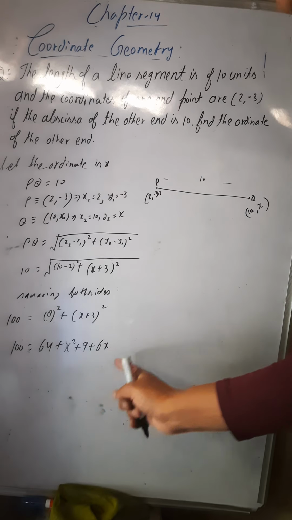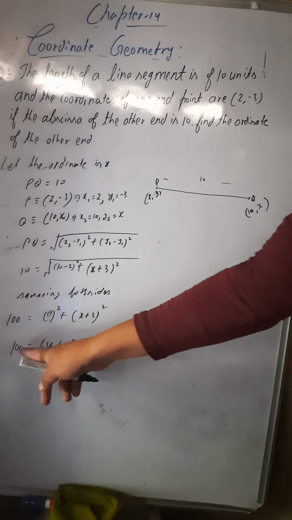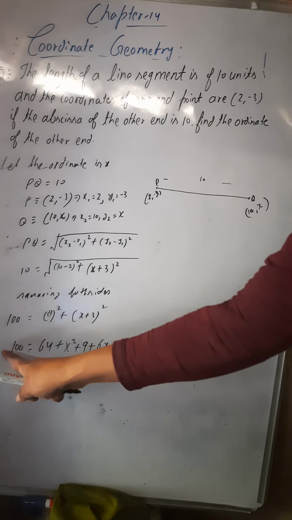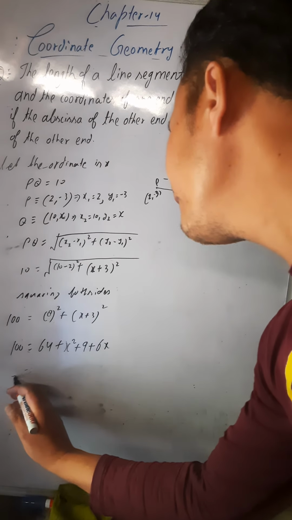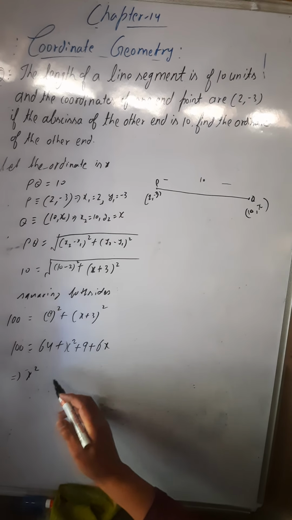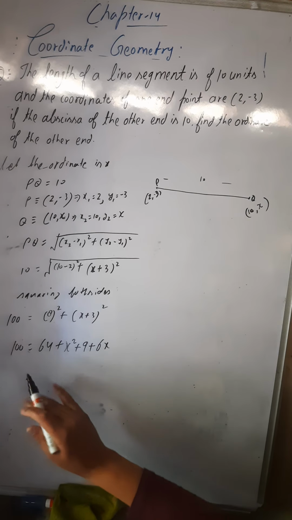Now this complete expression you have to move. Or you do one thing, this 100 you bring back here. This 100 is positive, it will come here and become negative. So what is left now here? We are left with x square. Let me write once more.